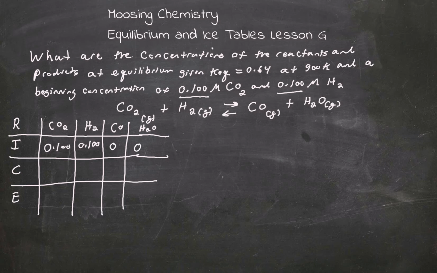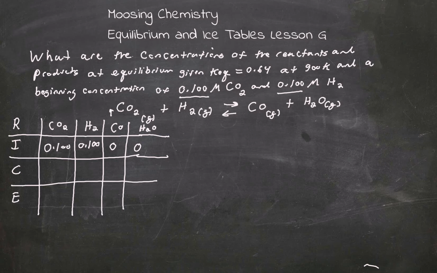It's as simple as that. Since they all have a coefficient of 1, because we don't see anything in front of any of these, if we don't see it, it's a 1.